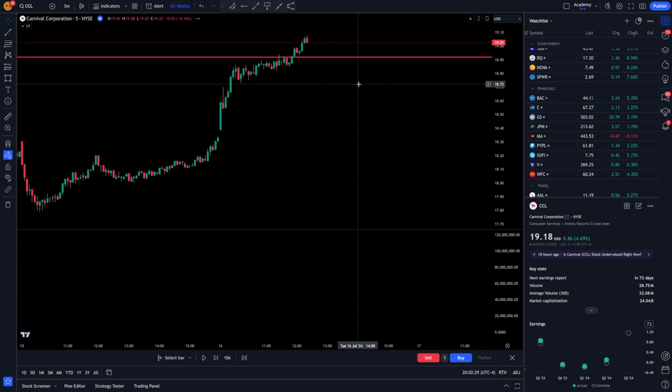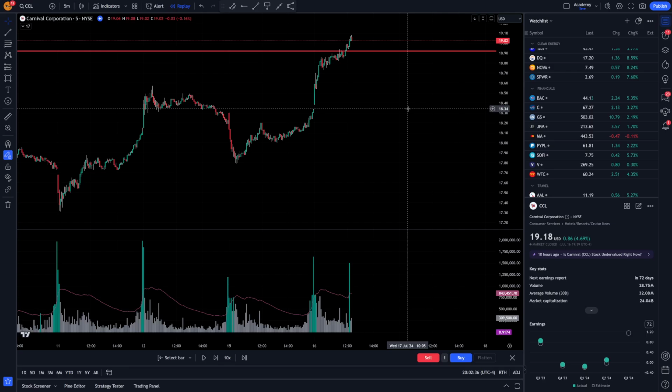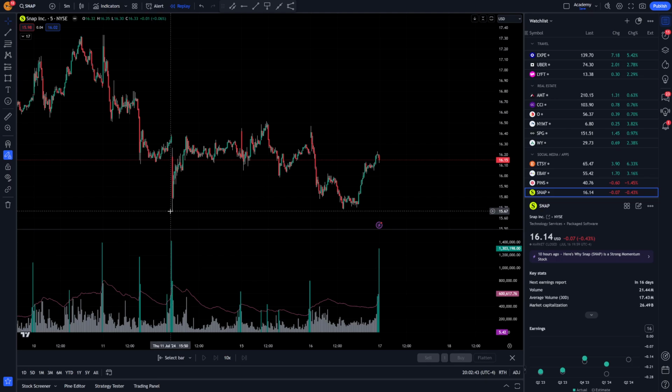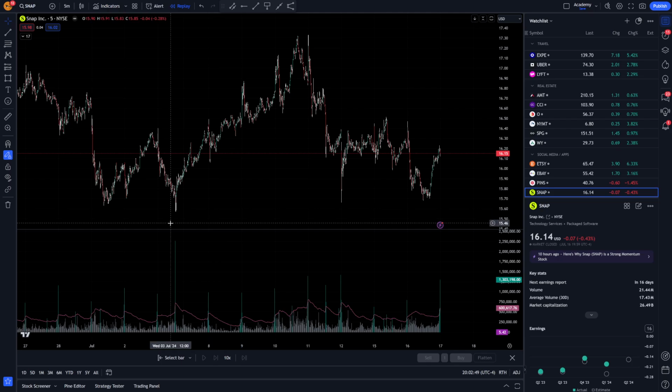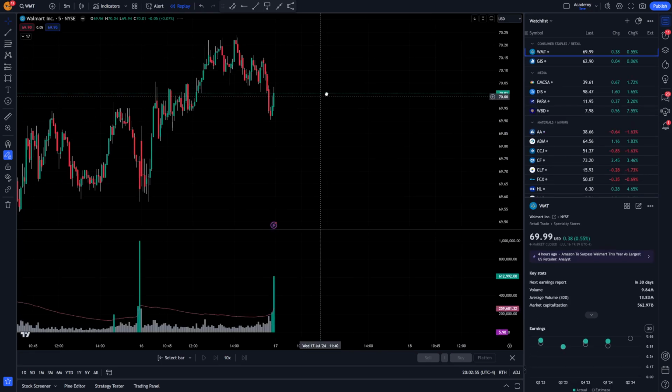I'm going to look for something that either hit a resistance or hit support. It said Snapchat. And what I'm looking for is something very specific. Okay, I may not be able to show this example if we're not able to find it.